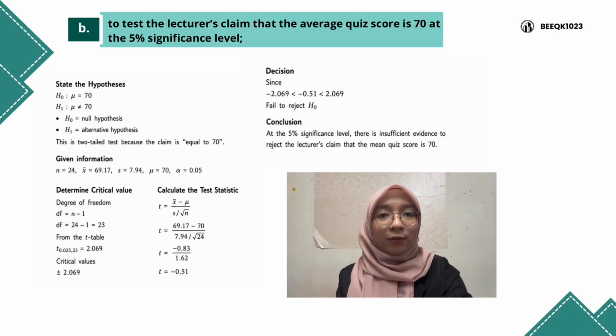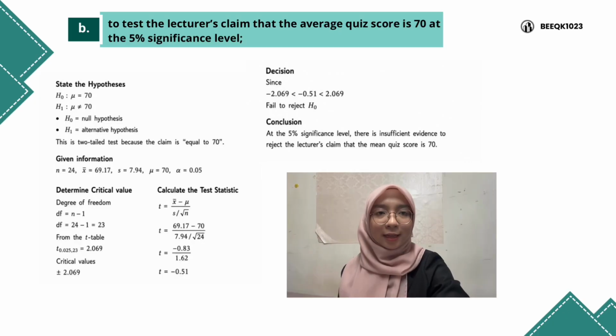Step 2. Given information. From our sample, we have sample size n equals 24, sample mean x bar equals 69.17, sample standard deviation S equals 7.94, population mean under the null hypothesis mu equals 70, significance level equals 0.05. Next, step 3.